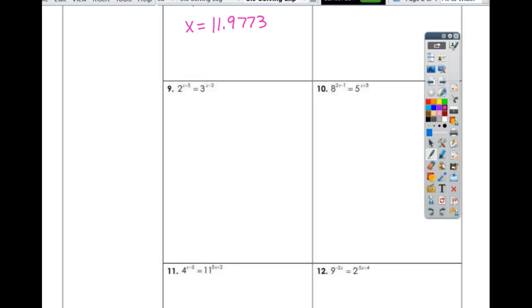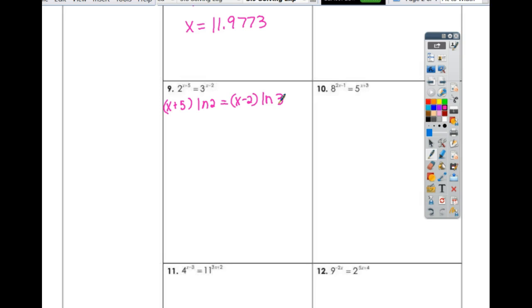So I'm going to still take the natural log on both sides. So I'm going to drop the x plus 5, and I'm going to drop the x minus 2. Now, if the ln wasn't here, if it was just the 2, what would I do with that? I would multiply, right?